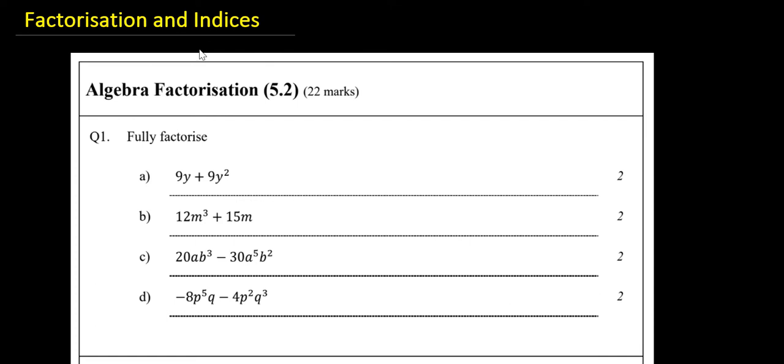Now the basis of factorisation is that we pull out the highest common factor of term 1 and term 2, and then we divide each term by the highest common factor.